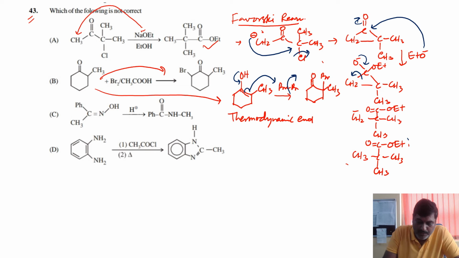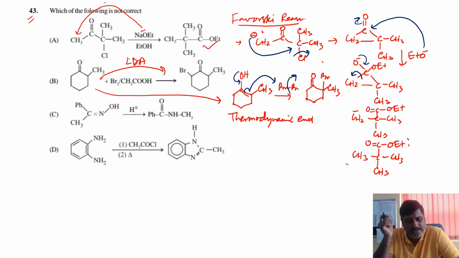If you take here HO minus, otherwise LDA, strong base, even HO minus, NH2 minus, RO minus, as the strength increases, the yield of this kind of kinetic one increases, right? So certainly this is not correct.